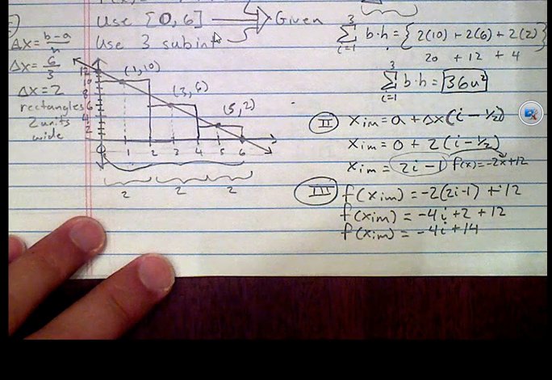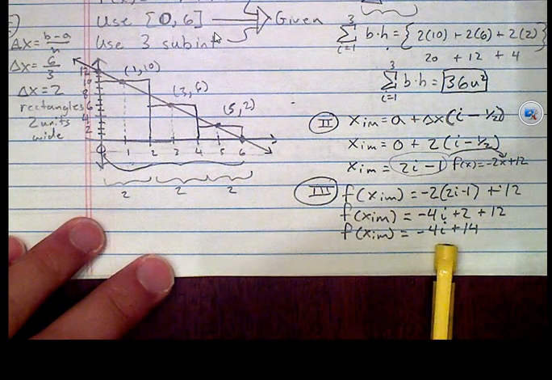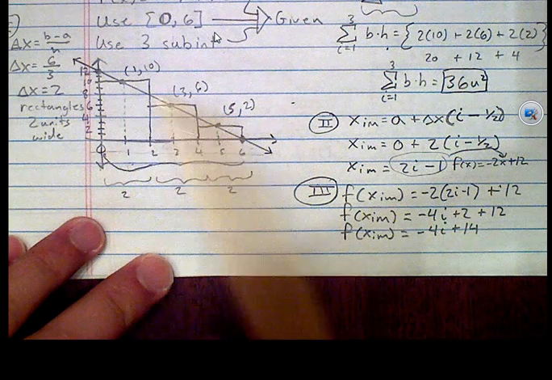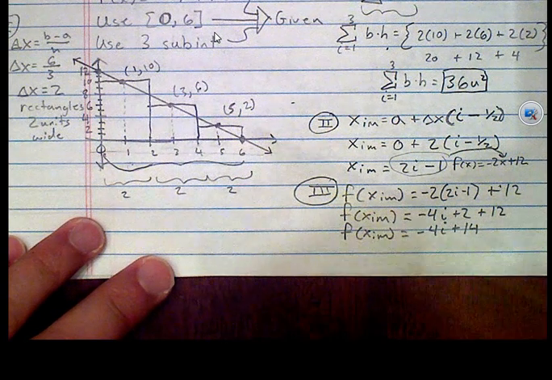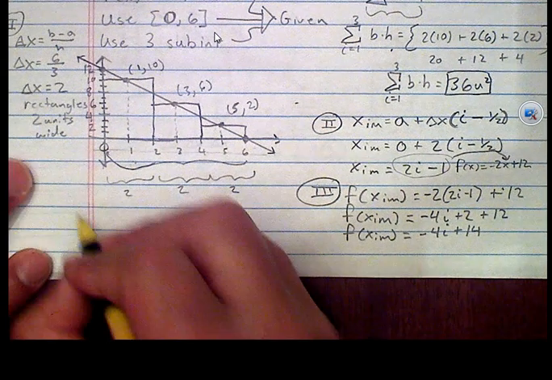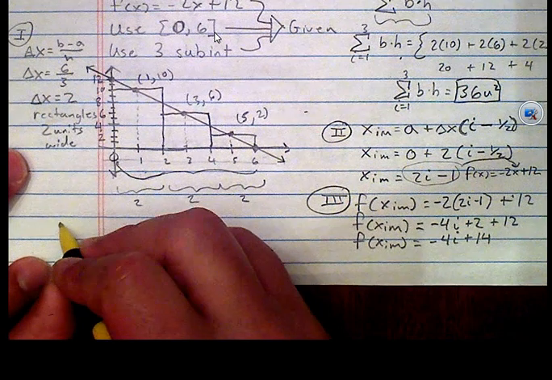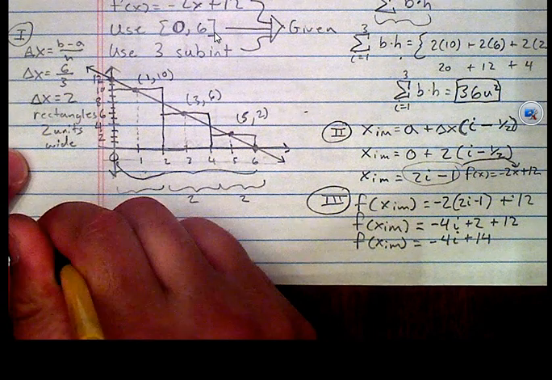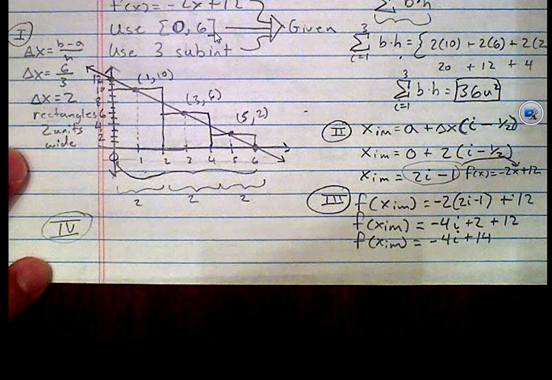Let's test this. Plug in 1, what do we get? 10. Plug in 2, what do we get? 6. It works. So let's do our step 4 now. I'm running out of room, running out of lead. I didn't plan on taking breaks.